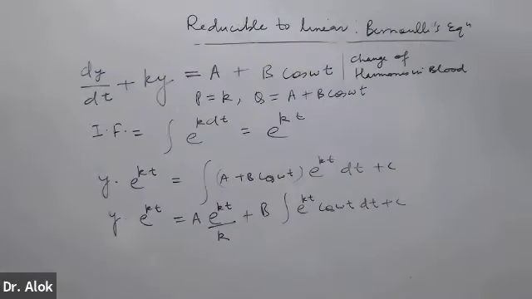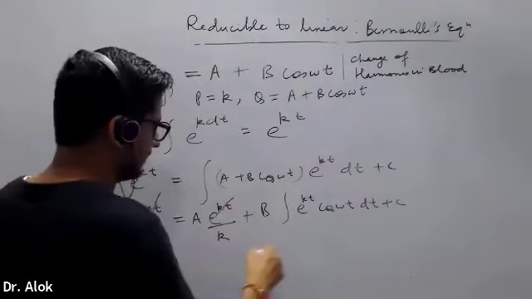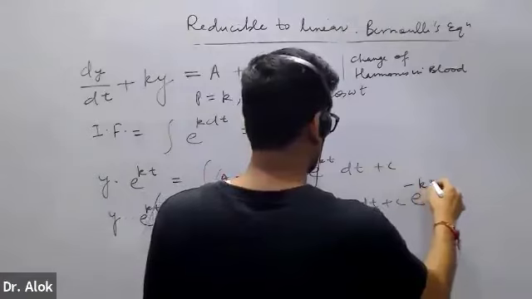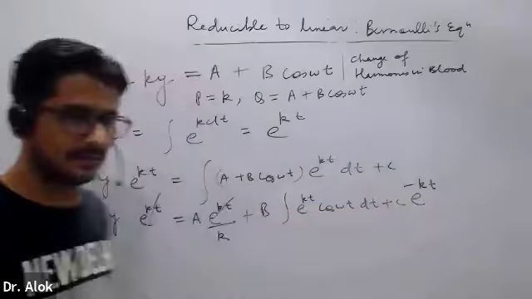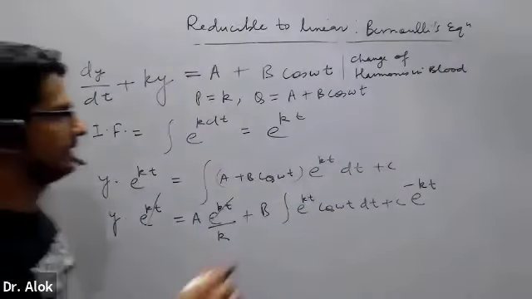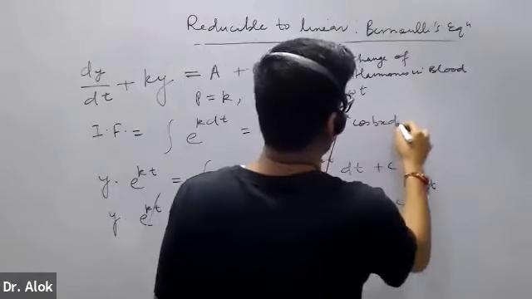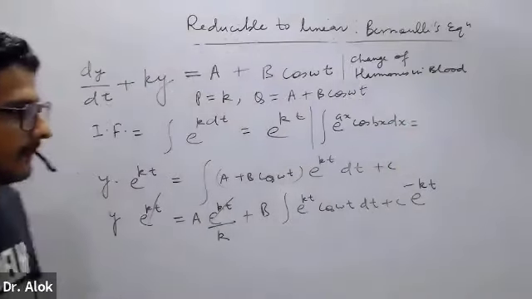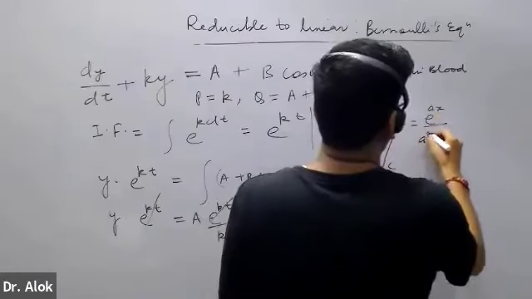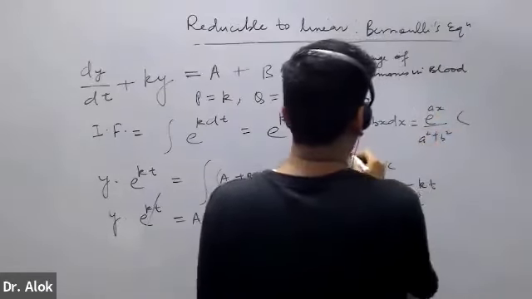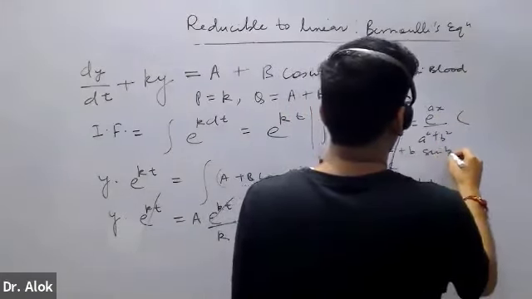If you take this, it will be cancelled and you will get e to the power minus kt, and at a later time this constant will be gone. And what is integral e to the power ax cos bx dx equal to? It is e to the power ax upon a square plus b square, times a cos bx plus b sin bx.